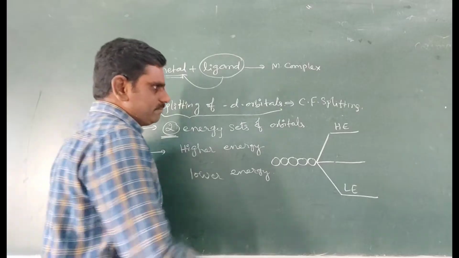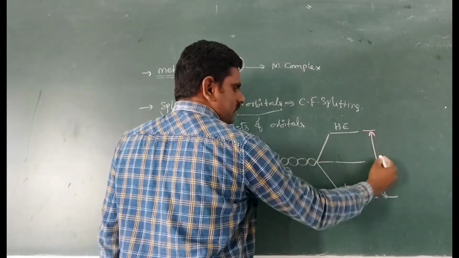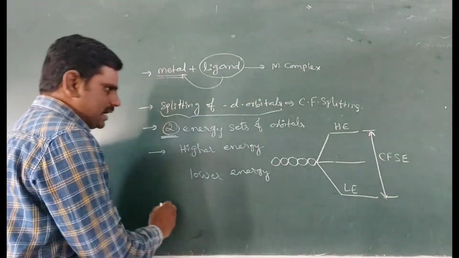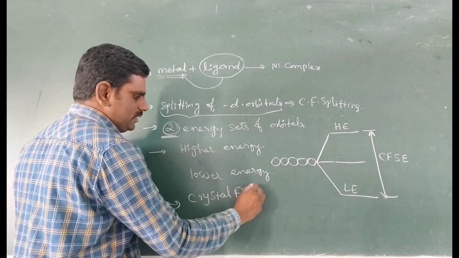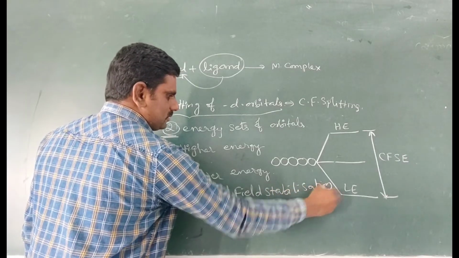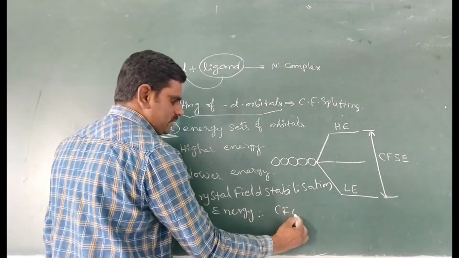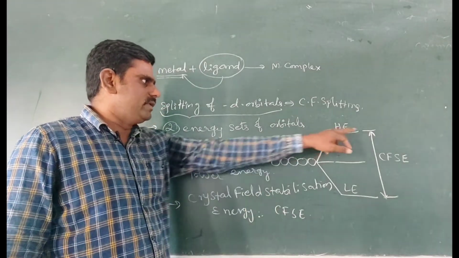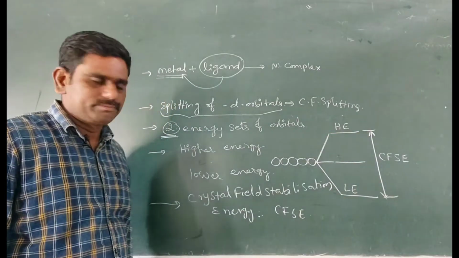Here our point is that the difference between higher energy and lower energy is CFSE. It stands for crystal field stabilization energy. CFSE is the difference between the higher energy and lower energy sets.